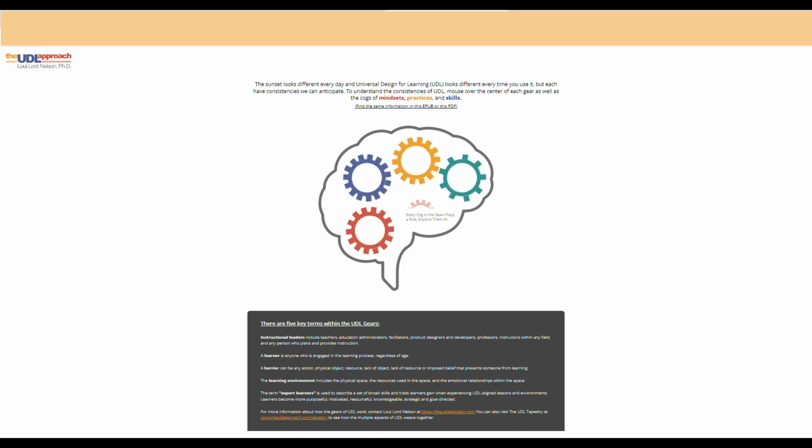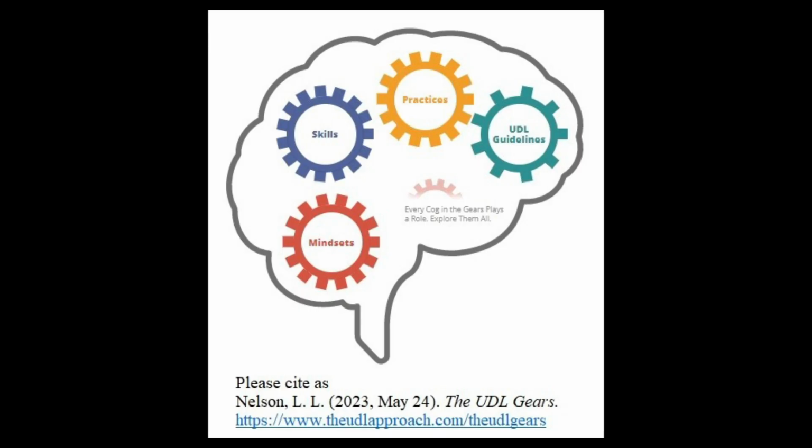And then somewhere in there, the analogy of gears just made sense to me because gears have those little teeth, which are also called cogs, and those cogs interconnect to make the gear turn the other gears. And if a gear is missing a cog, the machine doesn't just stop, but it's not as efficient. It's the same with UDL. So if you haven't gained all the skills yet, you just keep moving toward acquiring them.